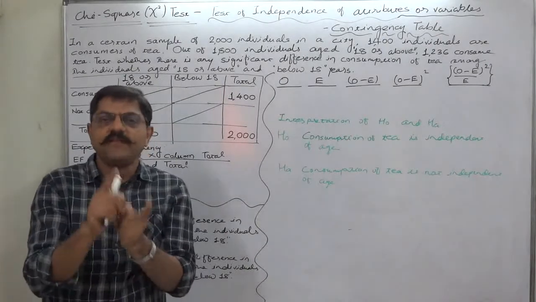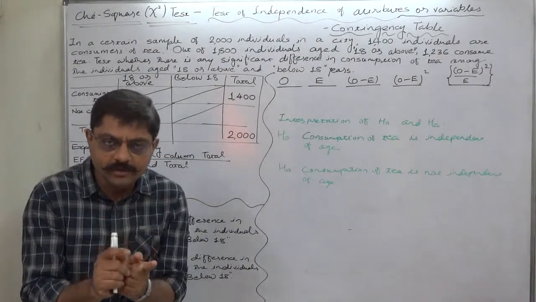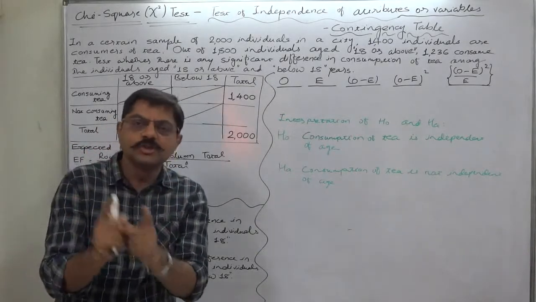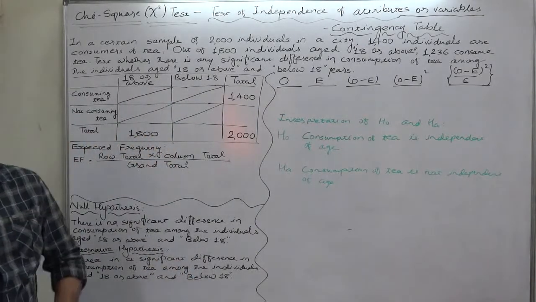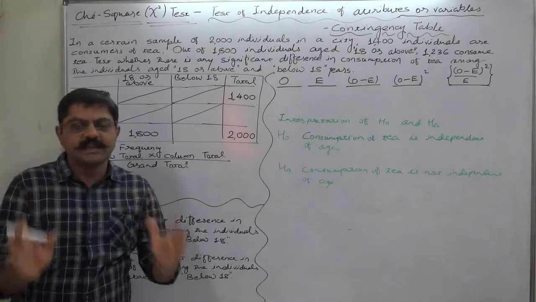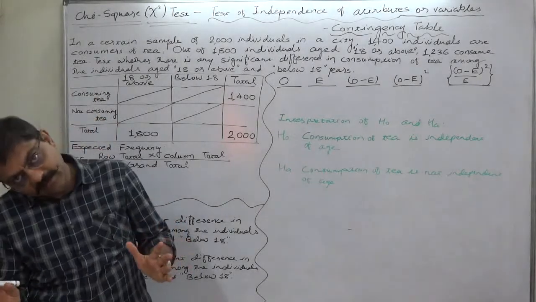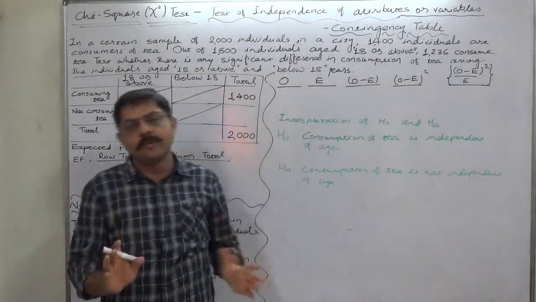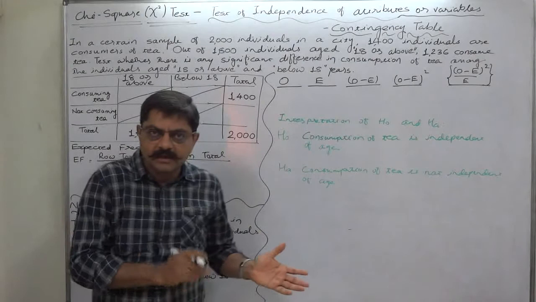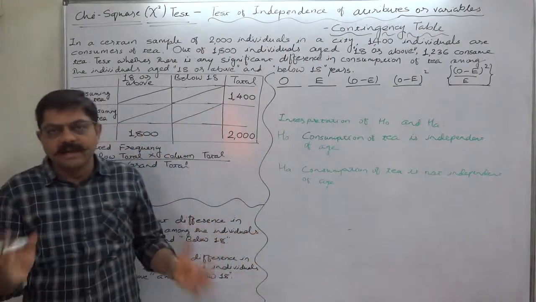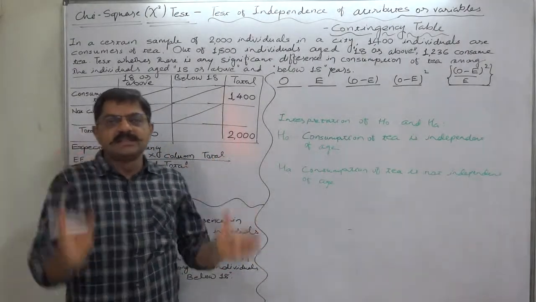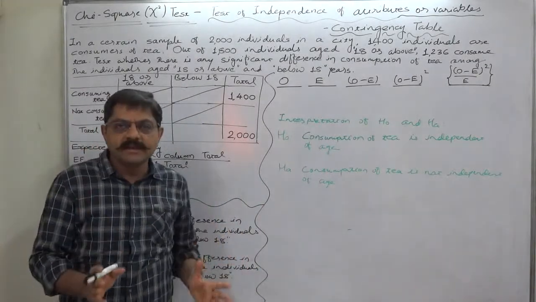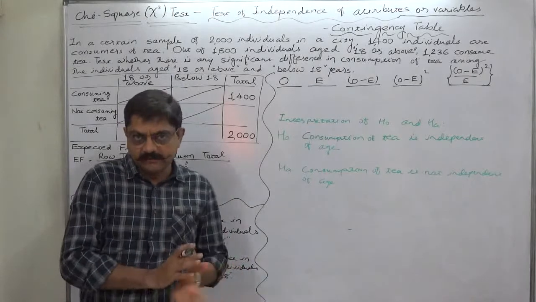The first characteristic, aged 18 or above, and another, consuming tea. So this is something like a point of intersection, the simultaneous happening of two events. Those who have studied the chapter of probability with the help of my lectures should be well aware that the cases with contingency table showing joint events and marginal events we had already discussed.